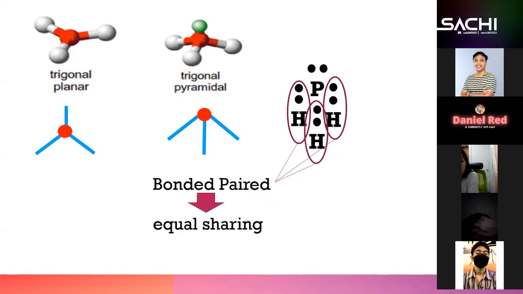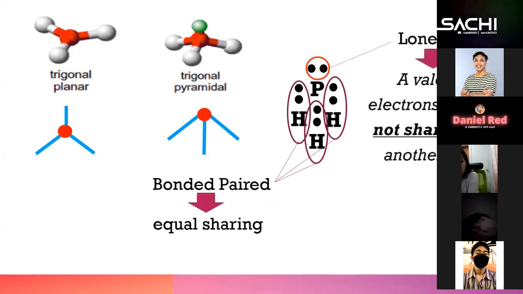But remember that on the upper part of the phosphine group, you have the two valence electrons here that don't have any pair. This particular valence electron that has no pairing is what we call the lone pair. The lone pair is valence electrons that are not shared with another atom.